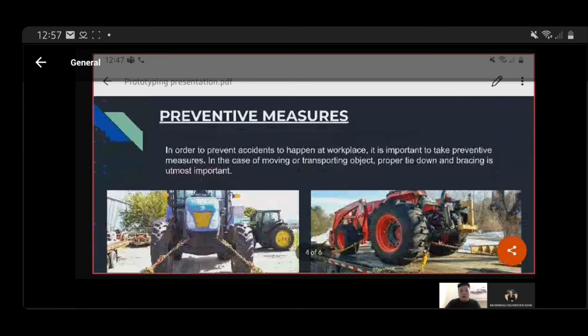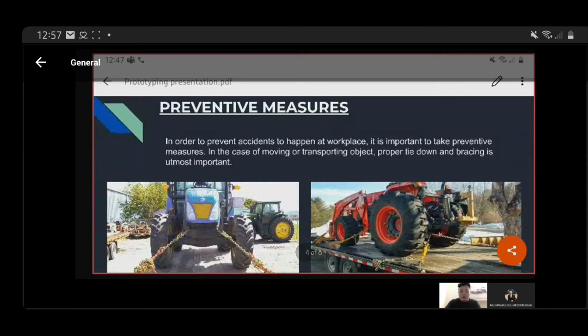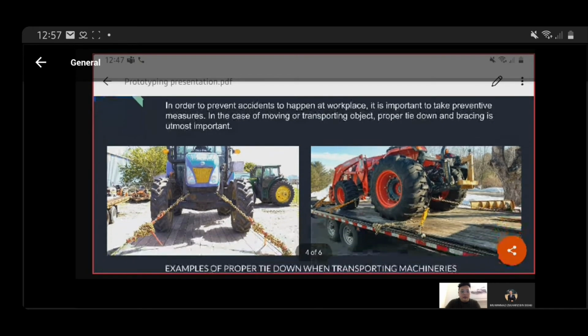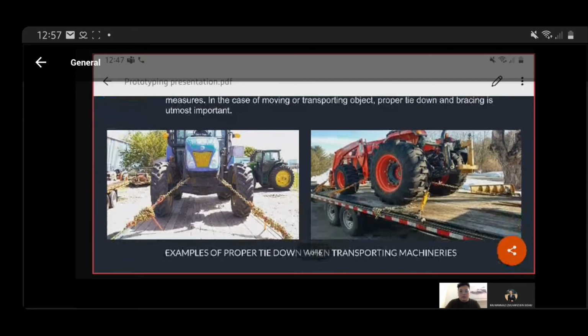So the preventive measure to prevent all these accidents from happening is, of course, to properly tie it down to the trailer. So here is a good example of heavy machineries being tied down on a trailer. As you can see in the picture, the machineries are both properly tied down with chains to the trailer.